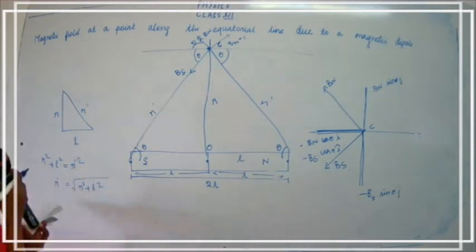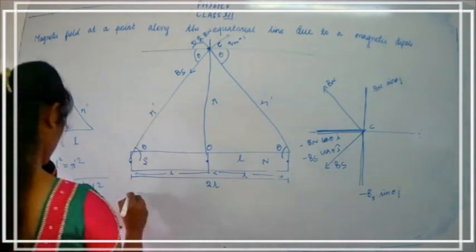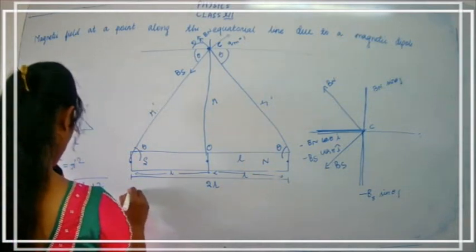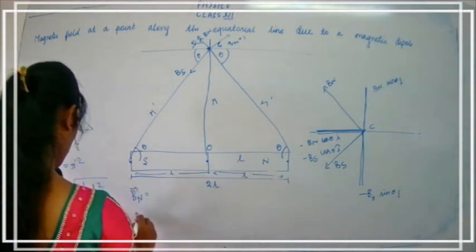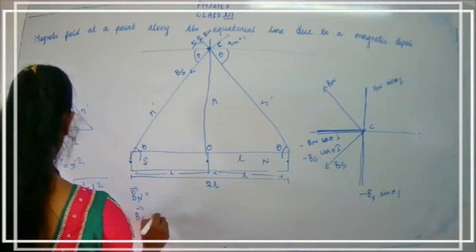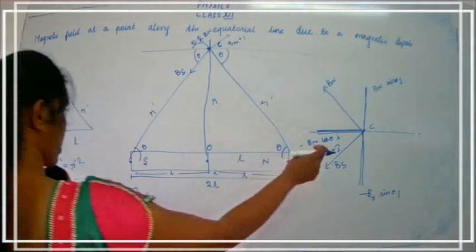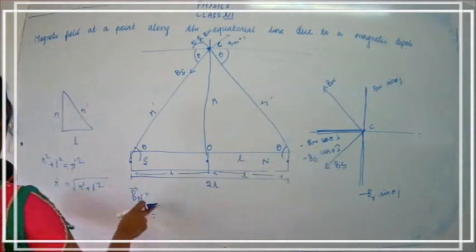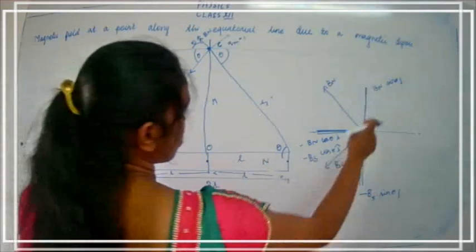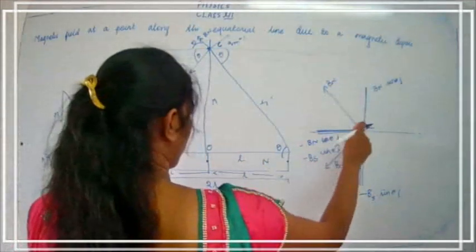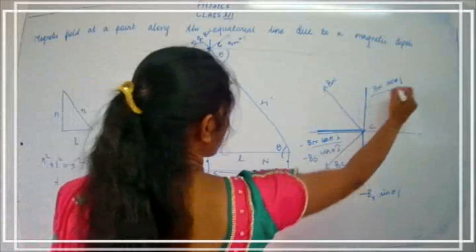And from this you can write what is Bn. So Bn equal to and Bs equal to, you are going to write from this diagram. For Bn, we are resolving it: Bn cos theta, Bn sin theta.